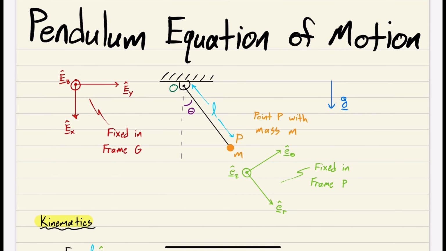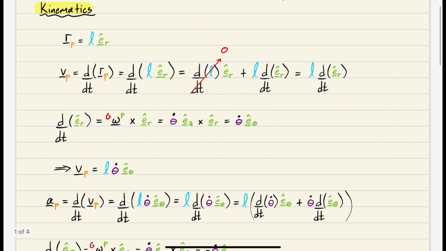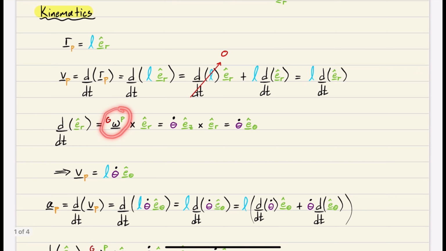Well, it's rotating at a rate of theta dot, right? Because to get from our inertial frame to the green frame, all we do is a 3 rotation. So we're rotating about the z-axis by theta, and we're rotating at a rate of theta dot, the time derivative of theta. So this term here is just theta dot, and we're rotating about the EZ direction, theta dot EZ, and then we cross with ER.